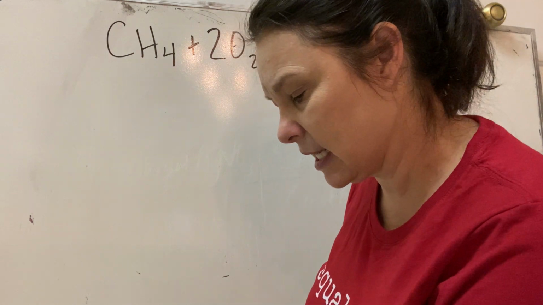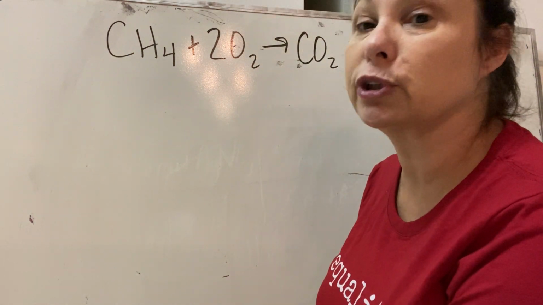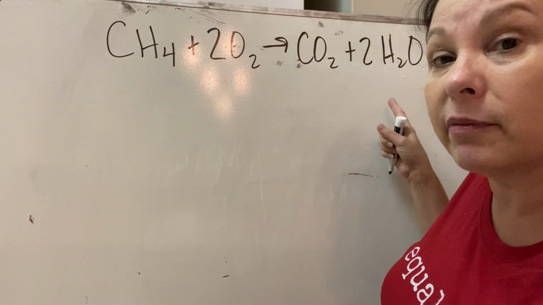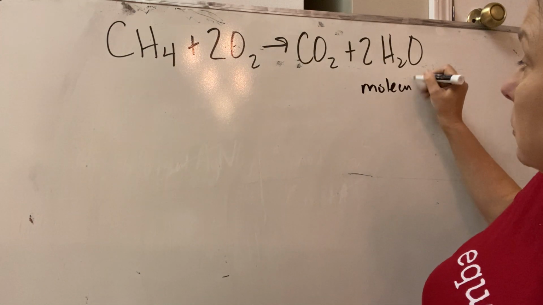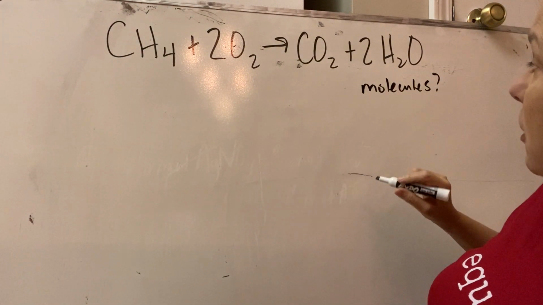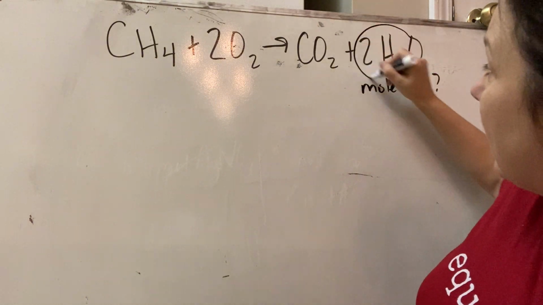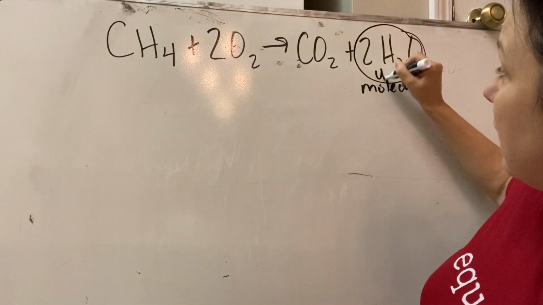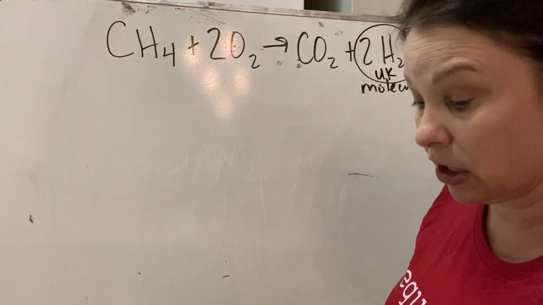This one says to calculate the molecules of water. So what I'm looking to find is the molecules. I'm just making myself a note of water. That's what I want. Okay? And because I'm solving for it, that is my unknown.